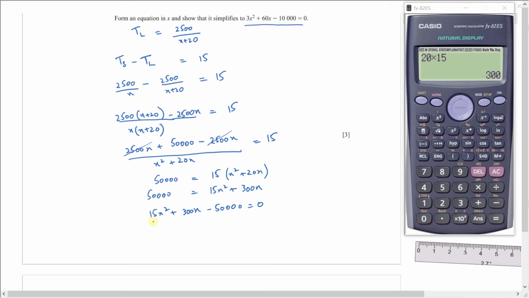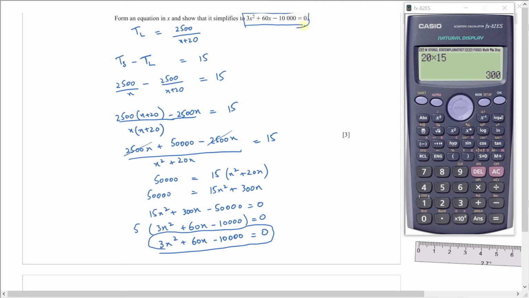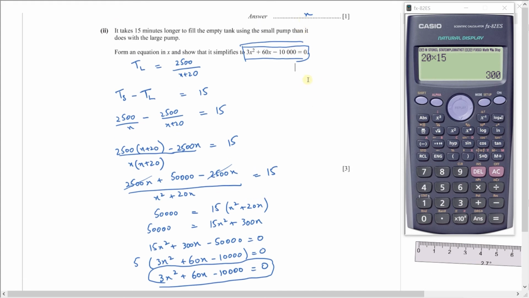And then I can take 5 common. I will have 3x squared plus 60x minus 10,000 equals 0. So this here is the same value as we have in the question here. So you've shown that it simplifies to this.